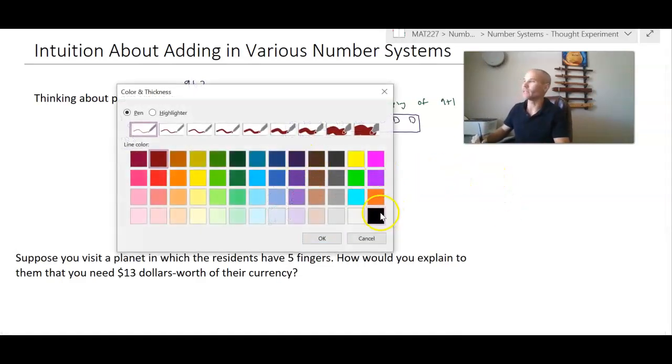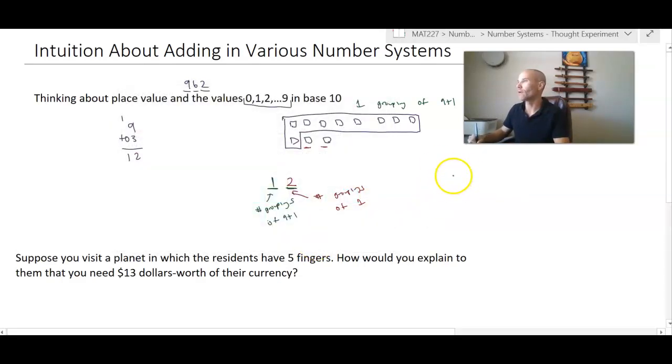Now I can do this for any sequence of numbers. Take 14. 14 would mean that I have one full grouping of 9 plus 1. That's what this digit represents.